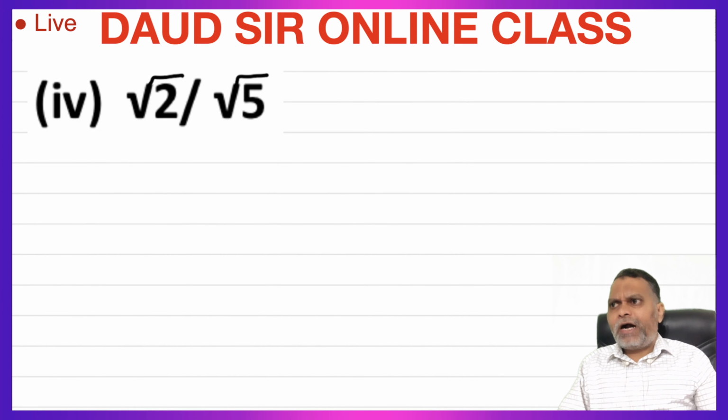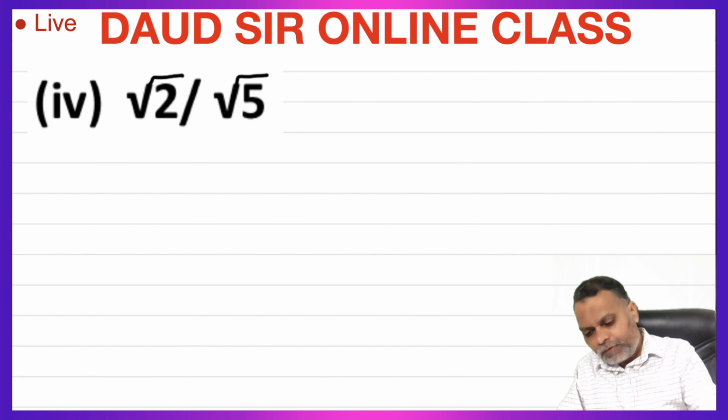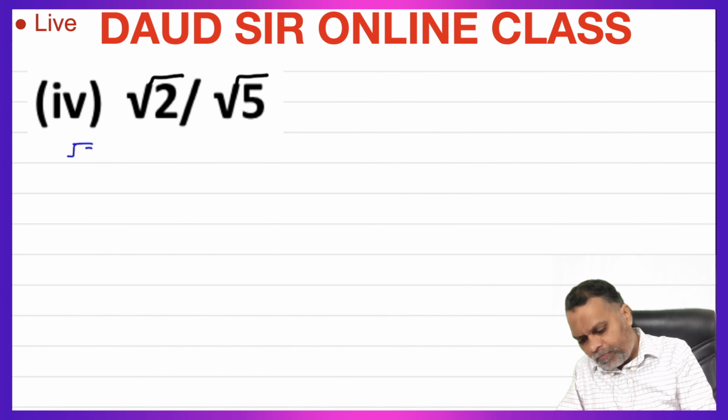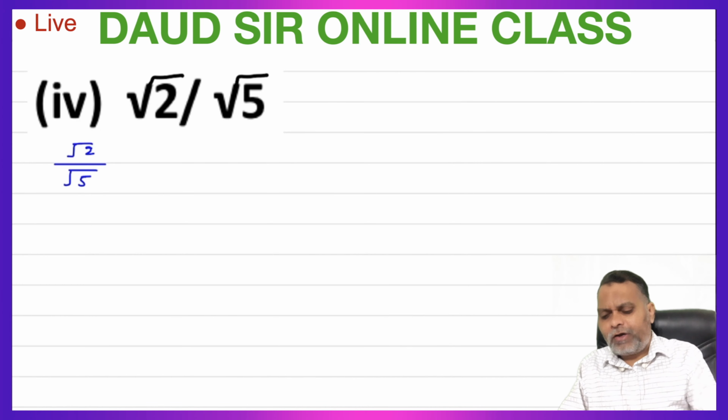Question number 1, part 4. Root 2 upon root 5. So here in the denominator is root 5.